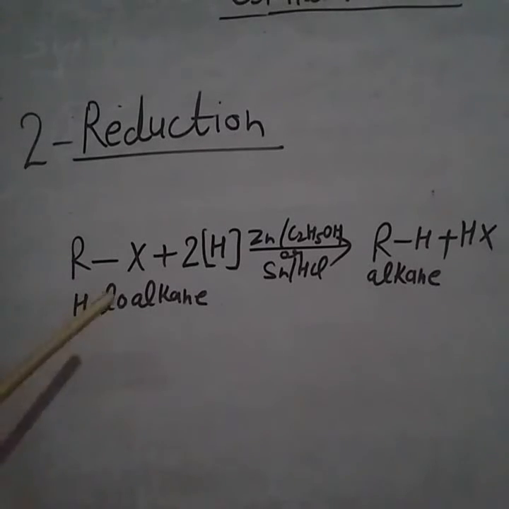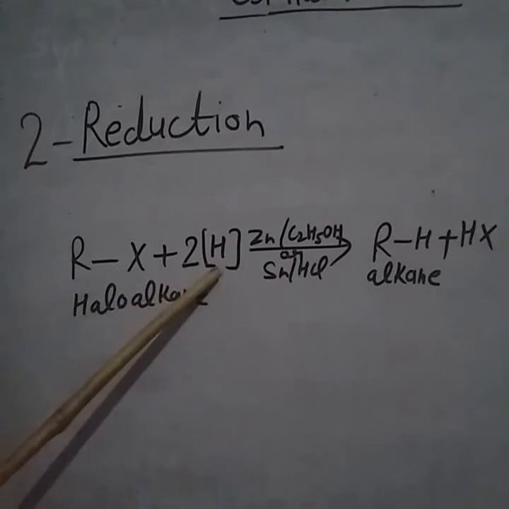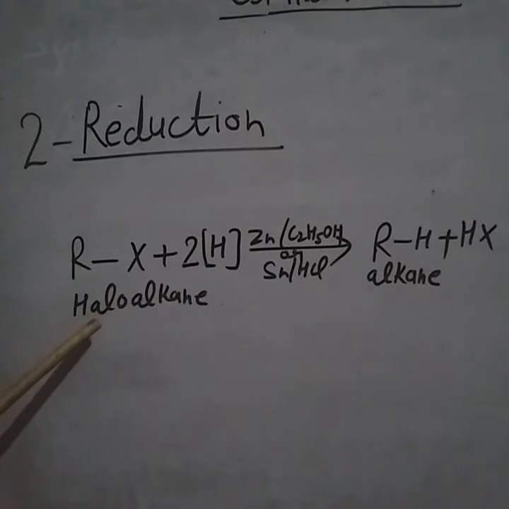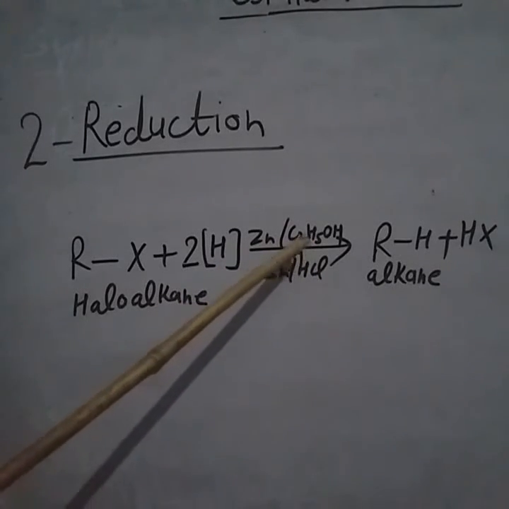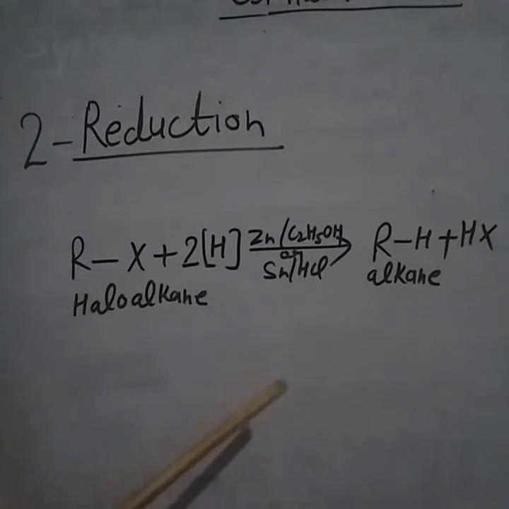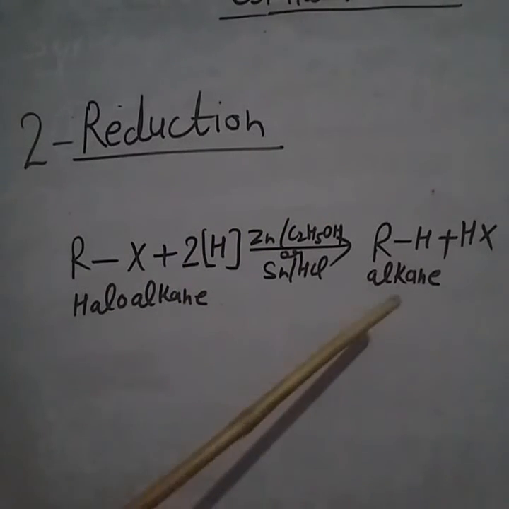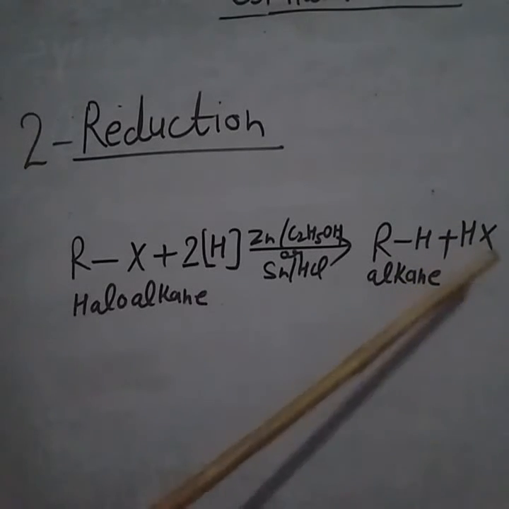The next is nascent hydrogen. Nascent hydrogen is used on haloalkanes with the help of zinc in the presence of a catalyst, ethyl alcohol, or Sn/HCl, then forms alkanes and hydrogen halide.